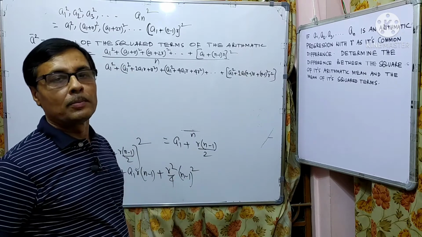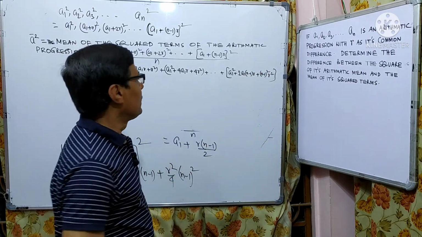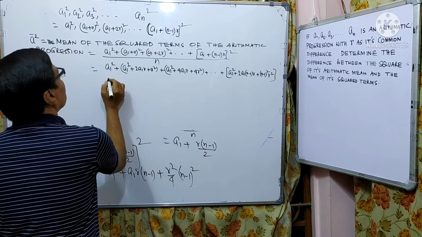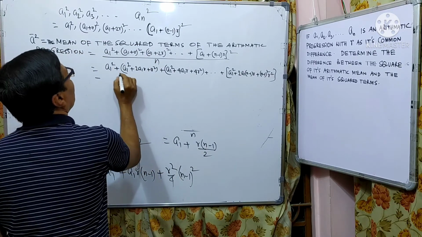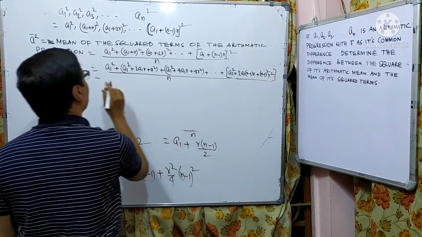2a1 into n minus 1 into r plus n minus 1 square r square, all over n. This is the mean of the square terms.